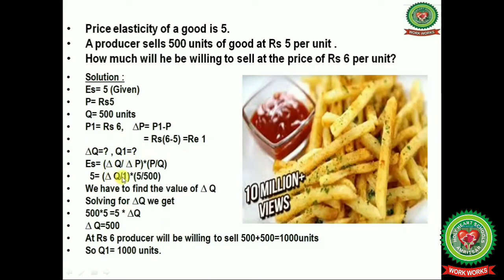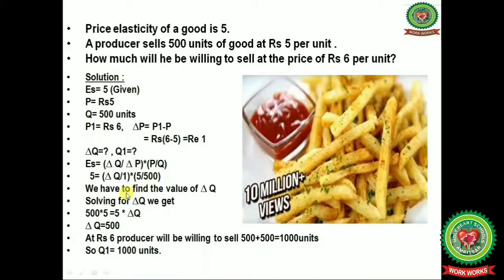Now fill in the values. ES is 5, delta Q we will write as it is because we do not have any value for delta Q. Delta P is 1, P is 5 and Q is equal to 500.